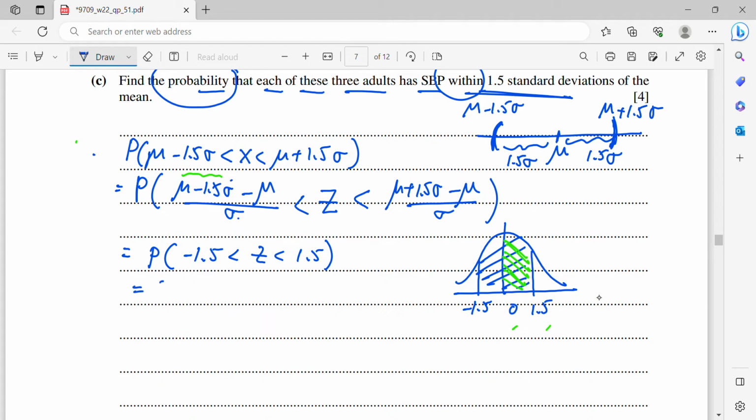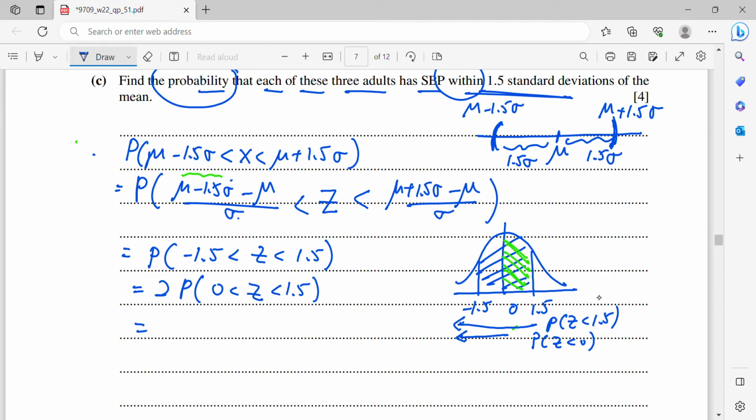So it will be double of the z value between 0 and 1.5. If it is between 0 and 1.5, always refer to the region towards the left hand side. Then I will get P(Z less than 1.5) minus P(Z less than 0). When you minus both, you will be getting the green region.